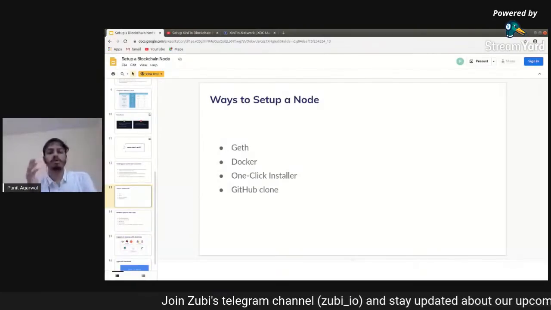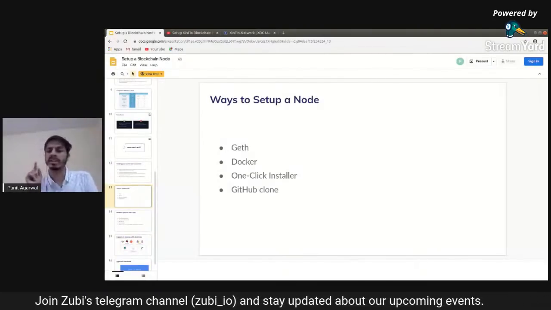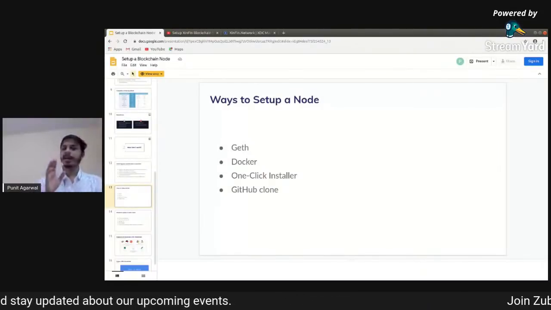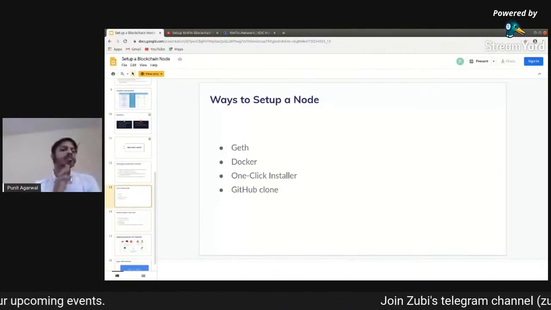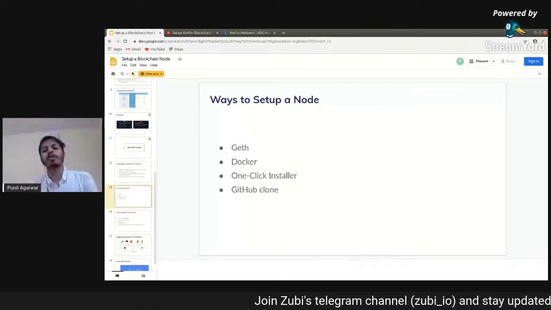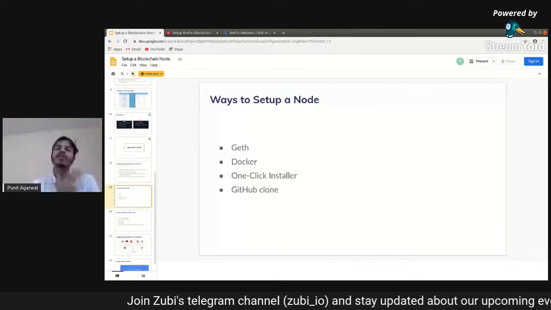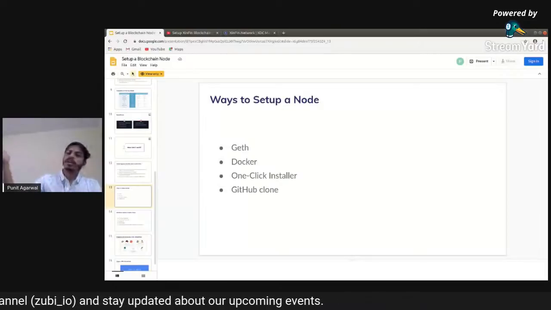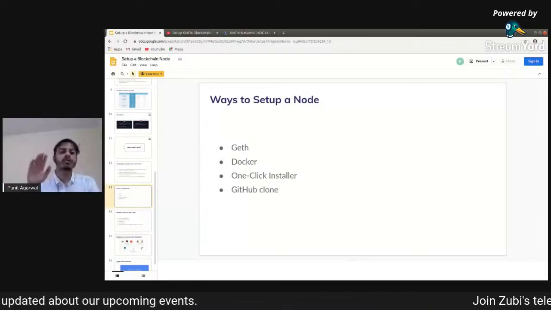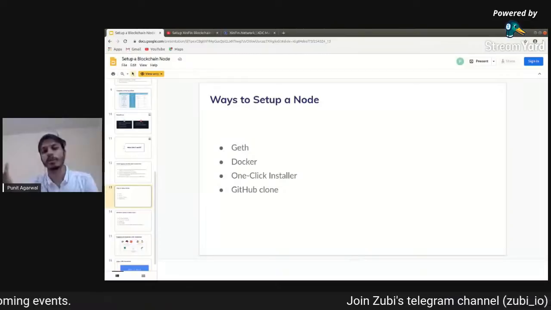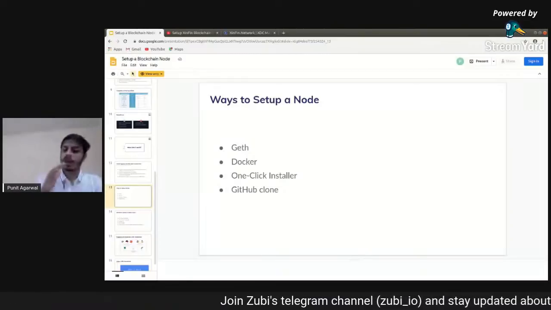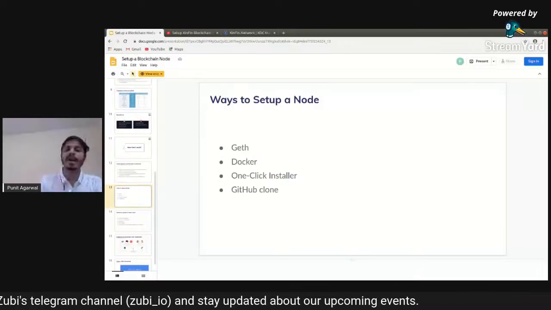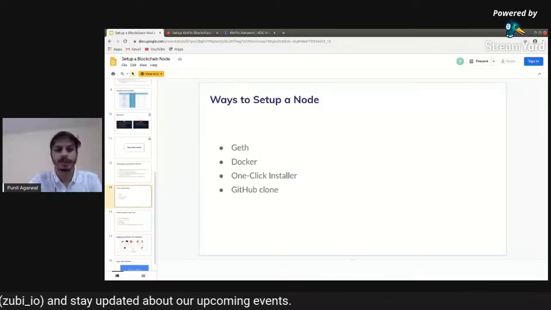Most blockchains now have a one-click installer where you click once, it downloads an executable file, and once you run that executable file, you will have your node set up. And the traditional, do-it-yourself way is GitHub clone, wherein you can clone the source code from GitHub if the source is open source. Once you have cloned it, you can use the setup guidelines to set up your own network.